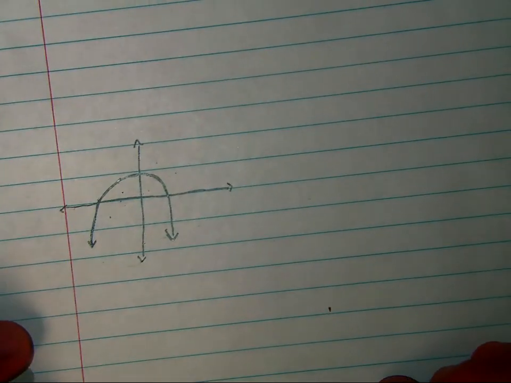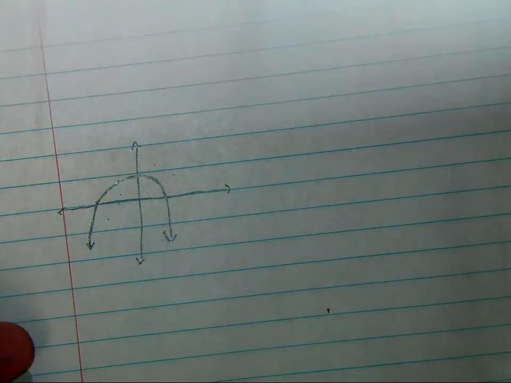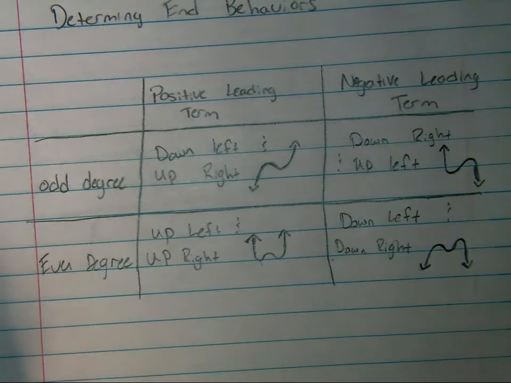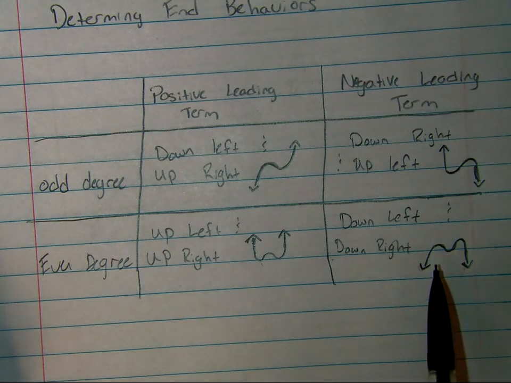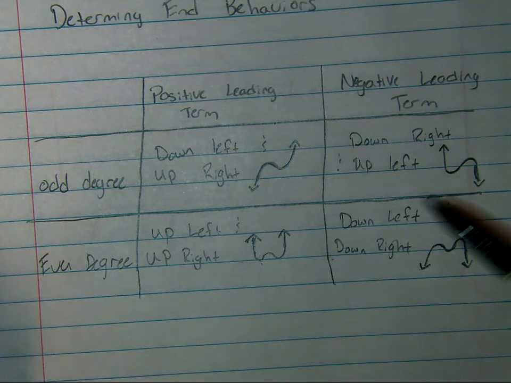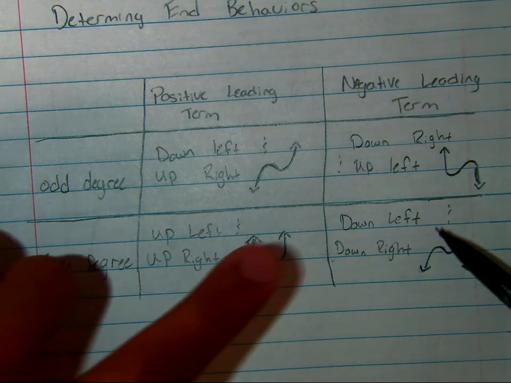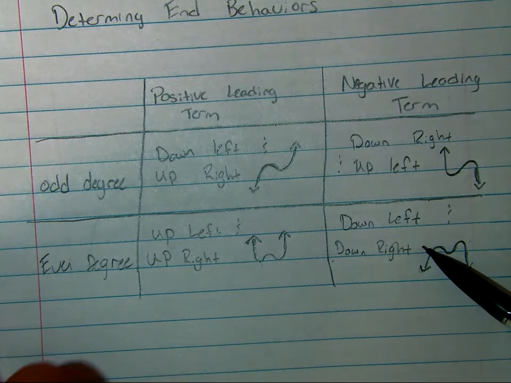So again, one last time, I look at my sheet. I want to find the one that's down left, down right, because they're both down. I look up and see that a negative leading term and an even degree match up to give down left, down right.